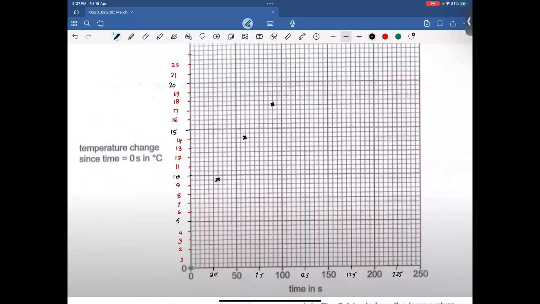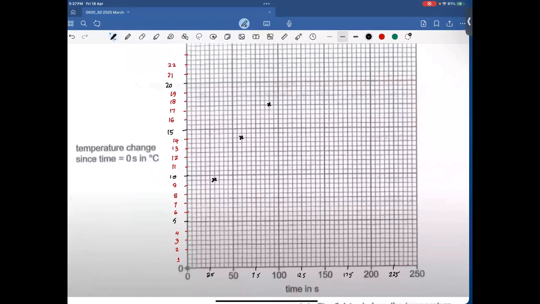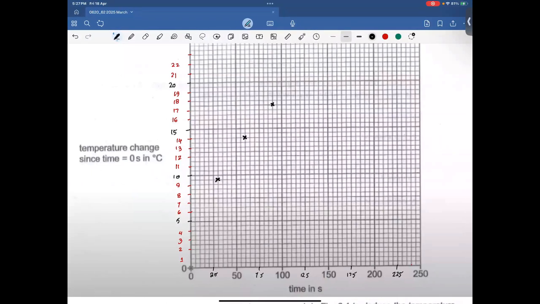Okay. Then above 120, 19. This is 19, 120. 5, 10, 15, 20. Okay. And then 150.